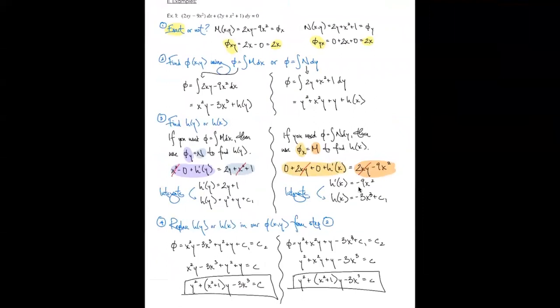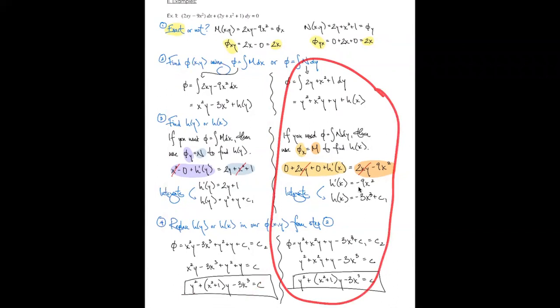So here it is all on one screen. We showed that we could first start by determining, is it exact or not? And if it is exact, we go ahead and proceed with the next 3 steps. When you do a problem, you only need to choose one of these sides. So either you choose the steps on the left or you choose the steps on the right.